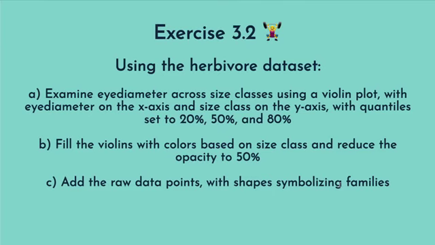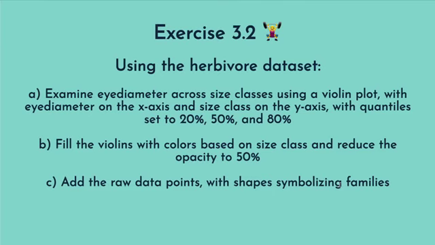Okay, let's get into some exercises. Again, if you're following along and want to get better at this, I would encourage you to pause right here and try it on your own. We're using the same data set, and this time we're trying to examine the eye diameter across different size classes, so that's the size column, using a violin plot with eye diameter on the x-axis and size class on the y-axis, with quantiles set to 20%, 50%, and 80%.